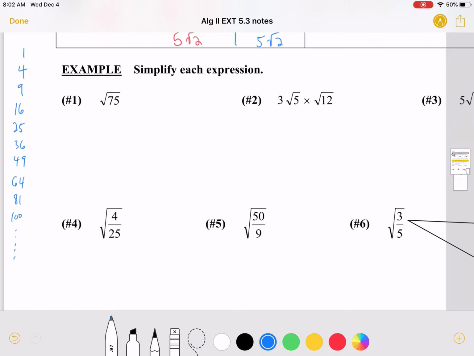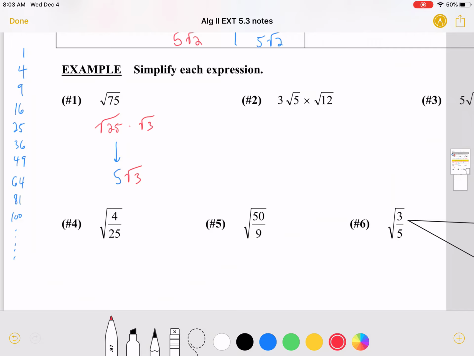So out of those numbers, 25 is the highest perfect square that multiplies into 75. So 25 times 3 is 75. So this would reduce down to, well, the square root of 25 is 5, times the square root of 3.